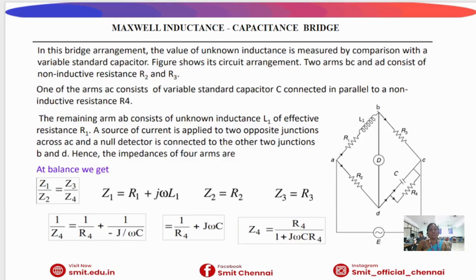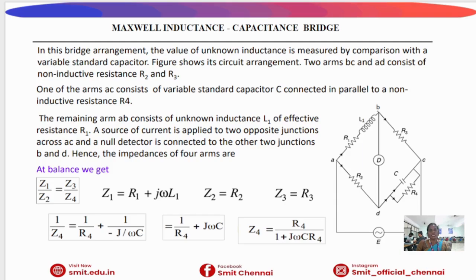Now let us discuss the Maxwell inductance capacitance bridge. In this bridge arrangement, the value of unknown inductance is measured by comparing it with a standard capacitor instead of a standard inductor. This method is more practical because standard capacitors are easily available and highly accurate.